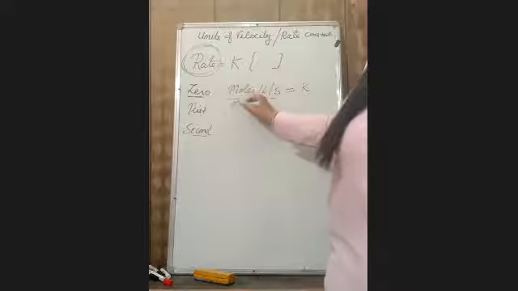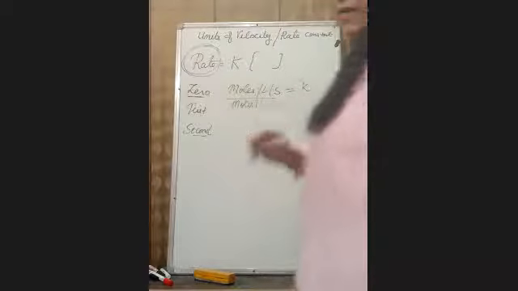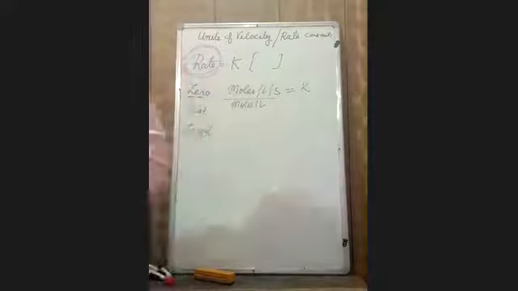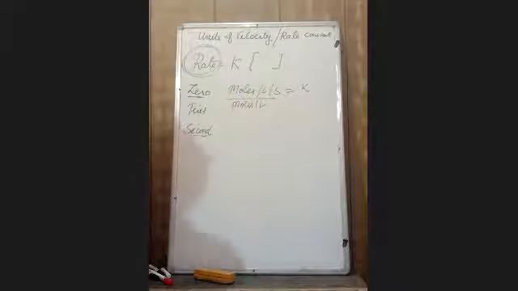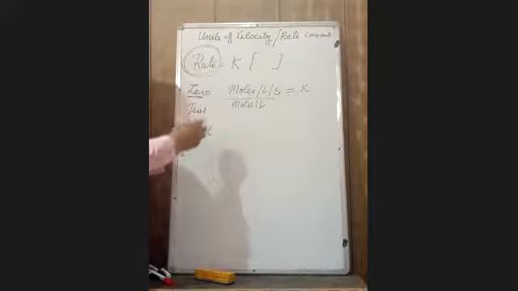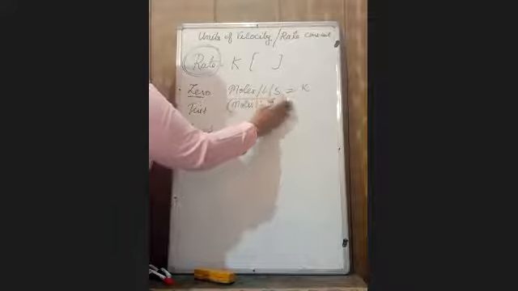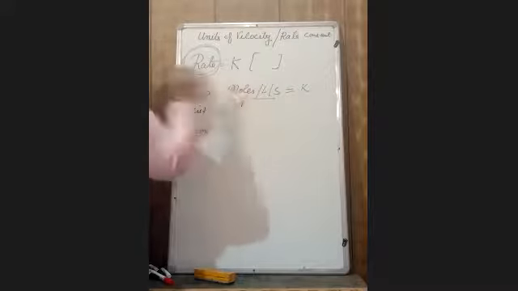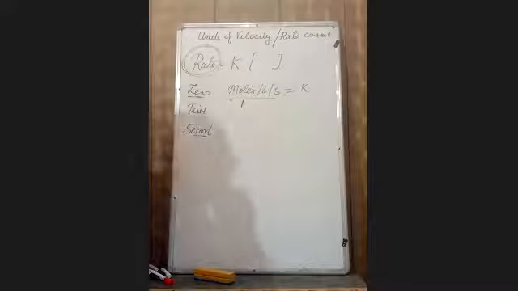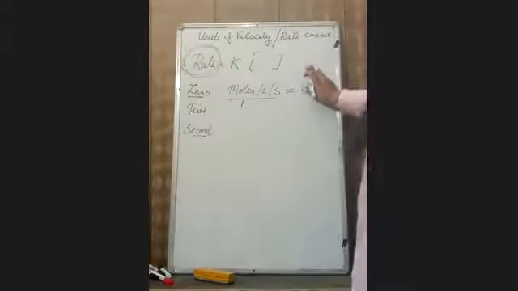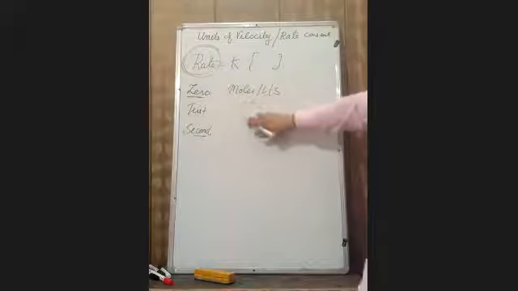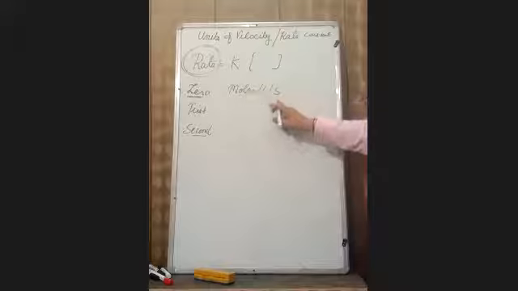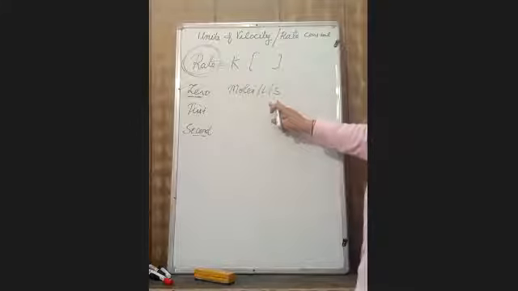It is moles per liter. But for zero order reaction, this is zero. Anything to the power zero means 1. Fine. So, its units are moles per liter per second for zero order reaction.